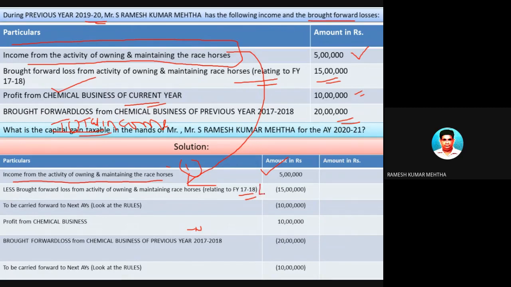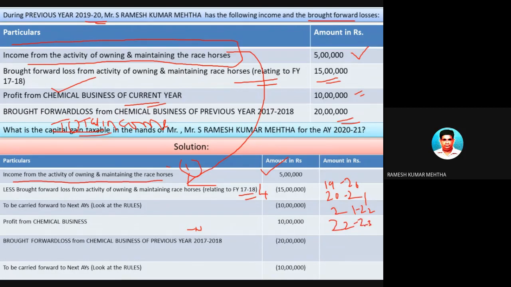So this can be carried forward for 4 assessment years, and the 4 assessment years are 19-20, 20-21, 21-22 and 22-23.